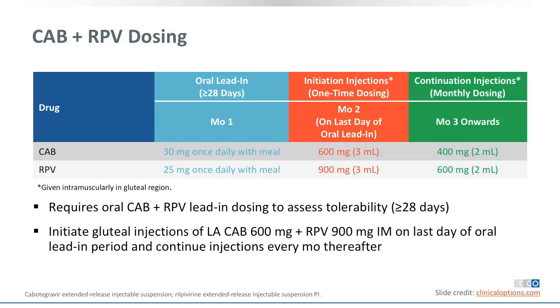The volume of injection does subside over time, such that after that initial loading dose, subsequent doses on a monthly basis are only 2 milliliters, but it does still require 2 gluteal injections, one for the cabotegravir and one for the rilpivirine.